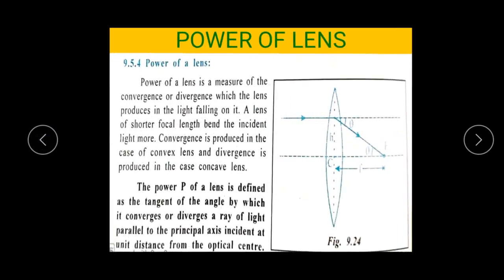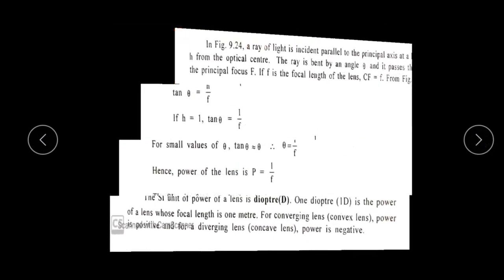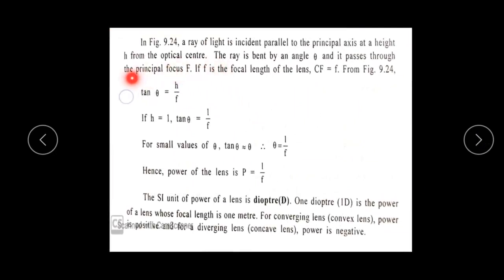The distance from the principal focus to C is the focal length, represented by f. According to the definition, tan theta is equal to h divided by f. From this we can calculate how much it deviates the incident light.